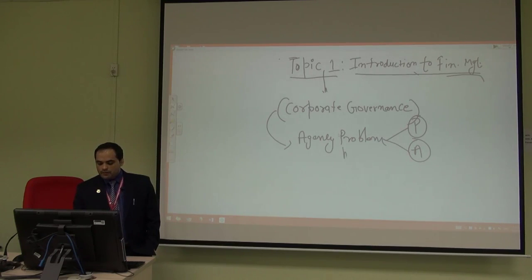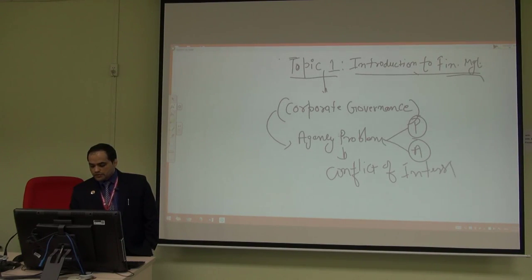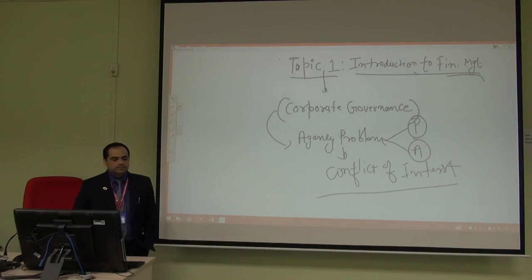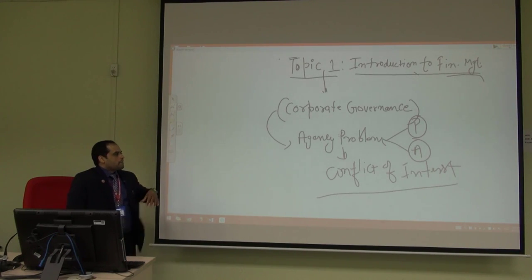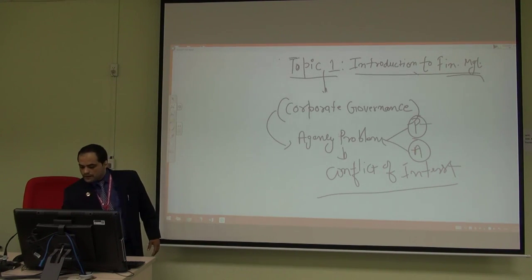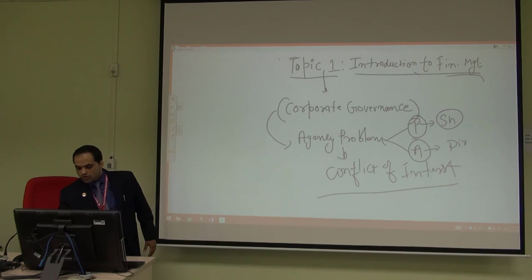So what is agency problem? Agency problem represents a conflict of interest, between principal and agent. Principal represents shareholders and agent represents the director or CEO.